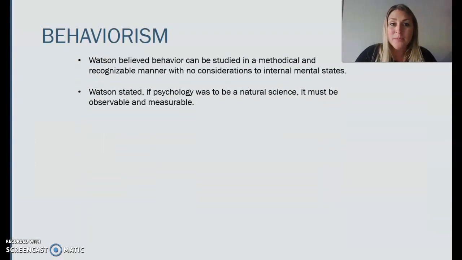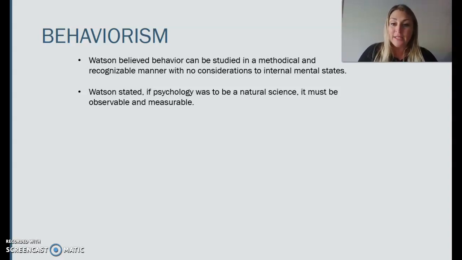But Watson believed behavior can be studied in a methodical and recognizable manner with no consideration of the internal mental states of individuals. So he really rejected consciousness. He felt that analysis of behaviors and reactions was the only objective method to get insight into human actions.